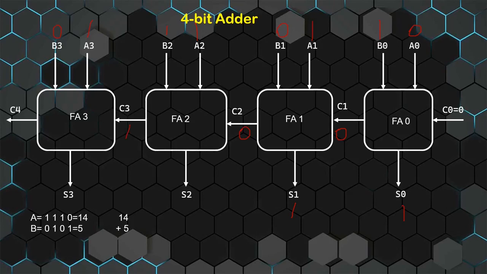Sum will be 0. So 0 plus 0 is 0. Then 1 plus 0 is 1 and carry 1. So 2, so carry will be 1. Sum will be 0. So the binary representation that we got is carry 1 0 0 1 1. In addition, we'll be considering carry. So when we solved manually, we got 10011, and when we solved it using circuit, also we got the same. This is how to solve manually and how the circuit works.